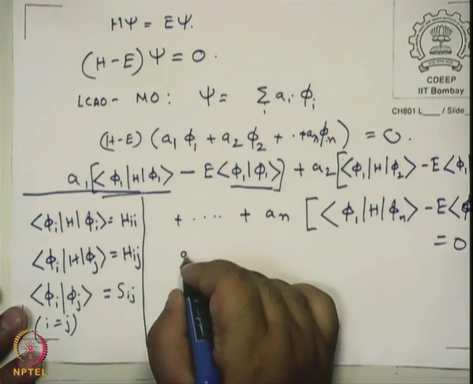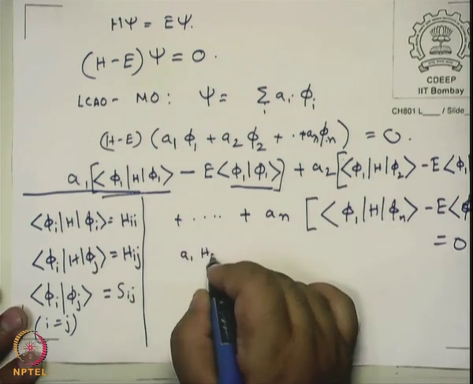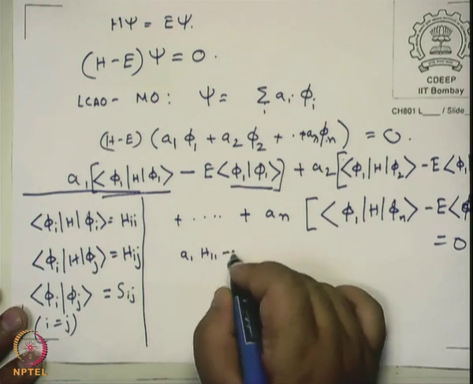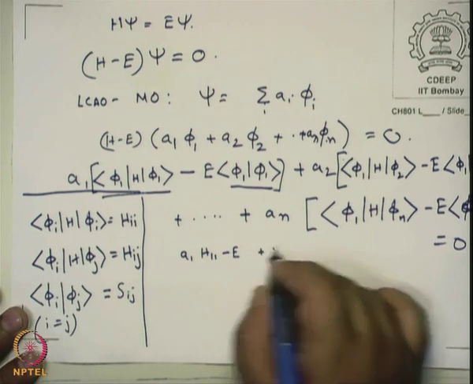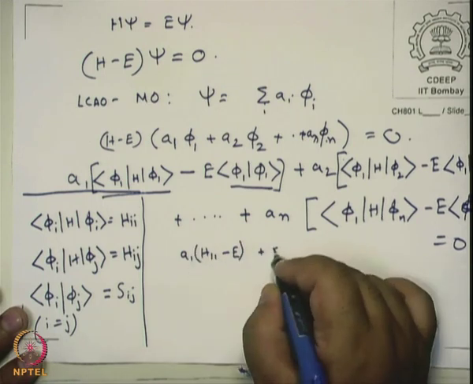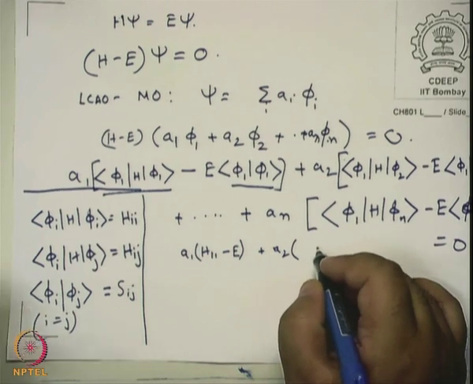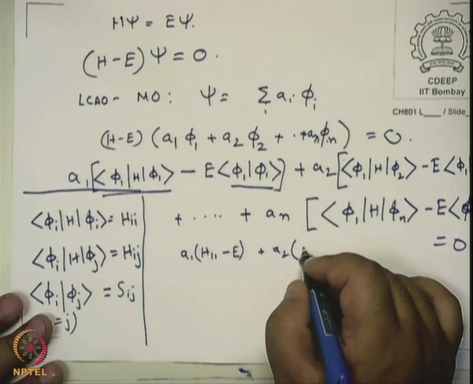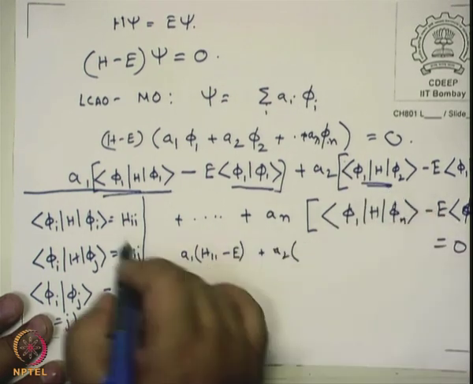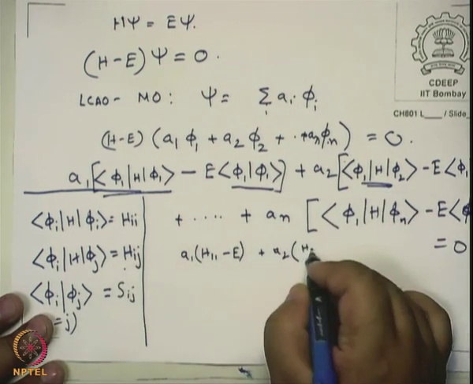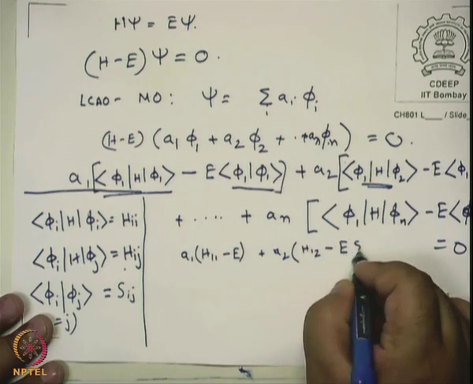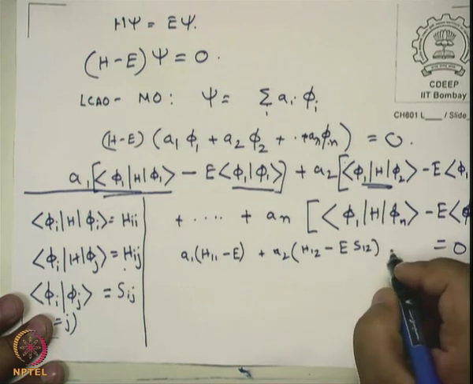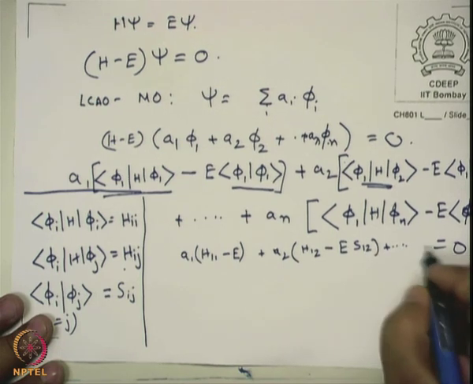All right. So, in terms of that, we can write this expression. We get a_1 multiplied by (H_11 minus E), plus, I should put a bracket, a_2 times the integral of phi_1 H phi_2, which will be (H_12 minus E S_12), plus so on and so forth.